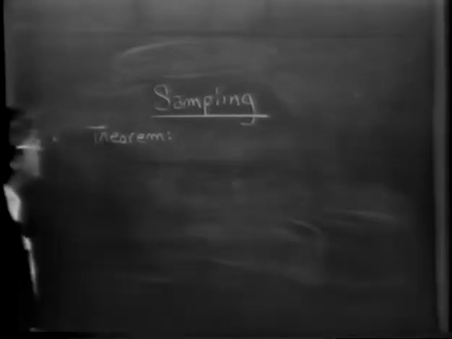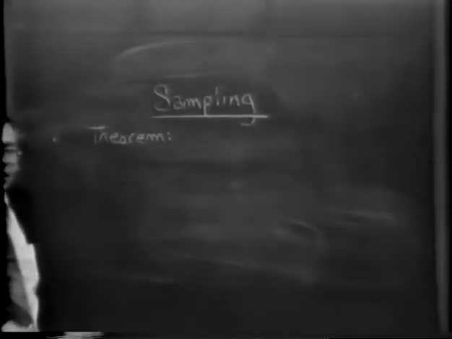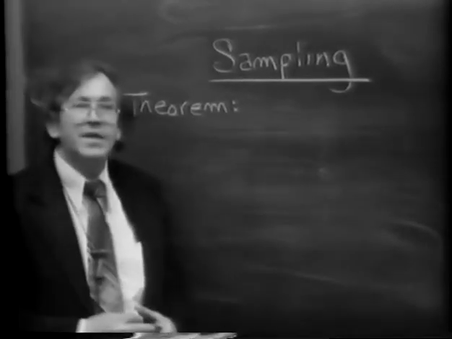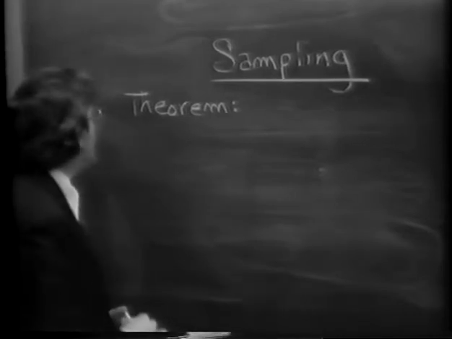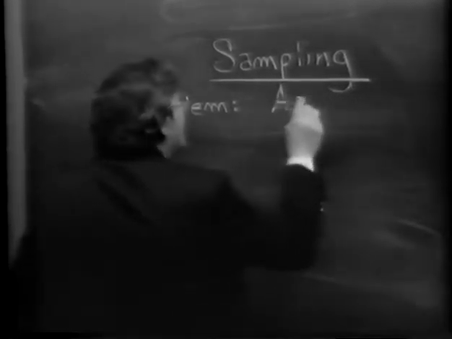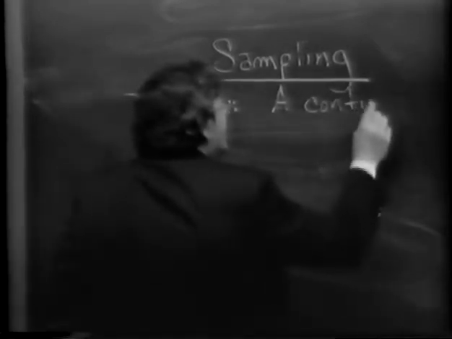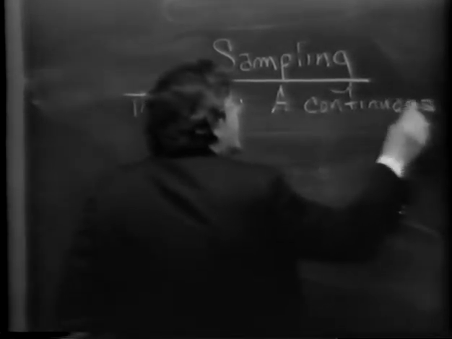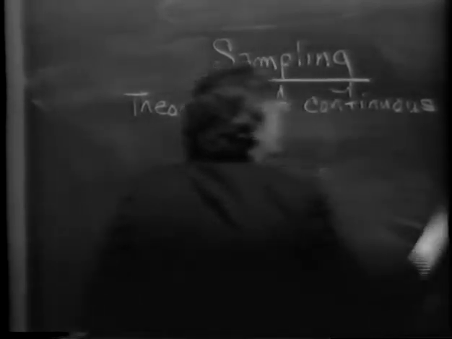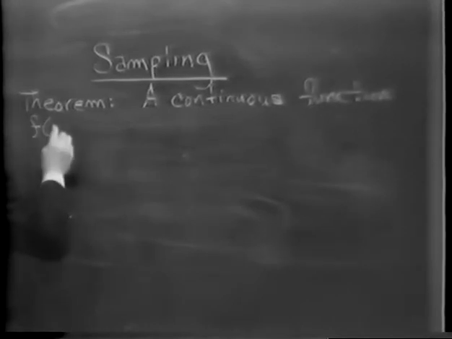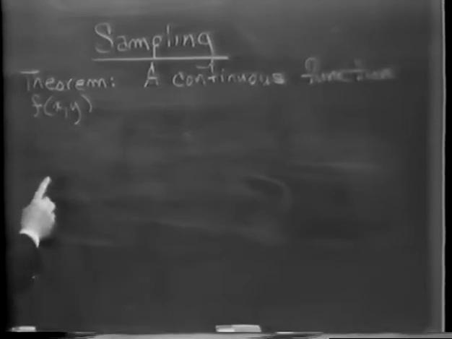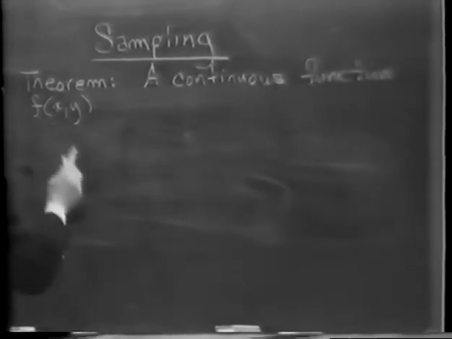This was derived by Shannon and Rayleigh and some of the fundamental information theorists, and it's a very non-obvious theorem. But basically it would simply state that a continuous function could be represented precisely by a set of discrete points.